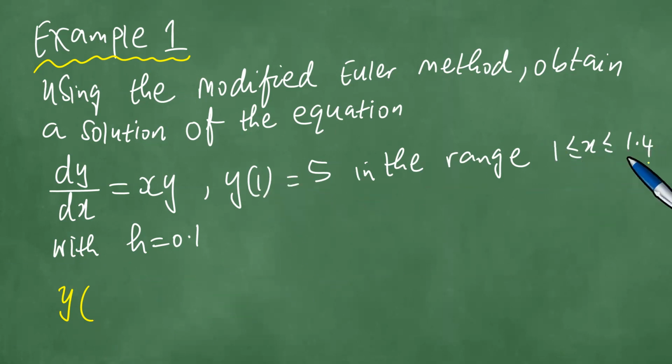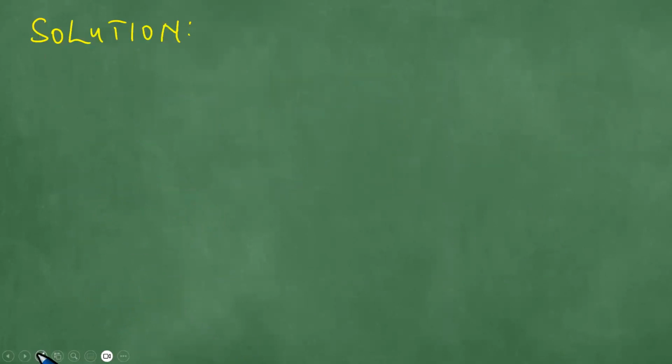Effectively, the examiner is saying, given everything here, find the approximate value. This one is an easy equation. You can even find the exact solution, because this is a separable differential equation from first year, but it's not of interest at the moment. So what is y at 1.4 using the modified Euler? We continue to find the estimate.